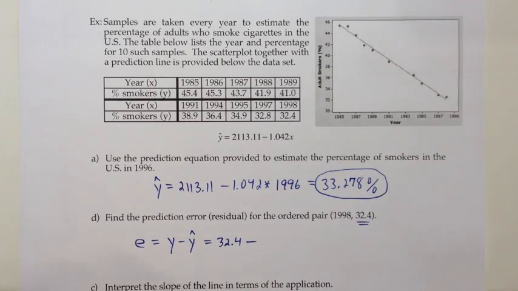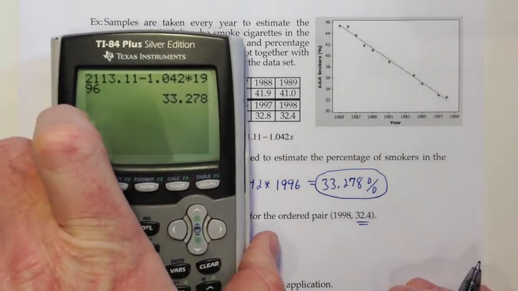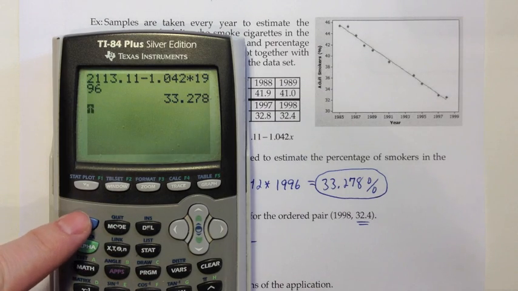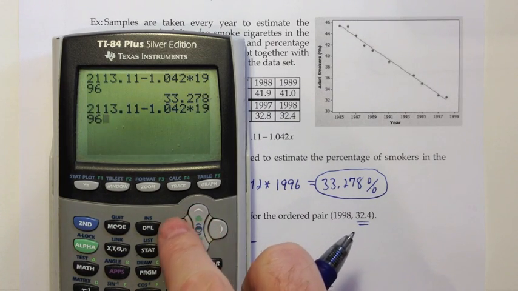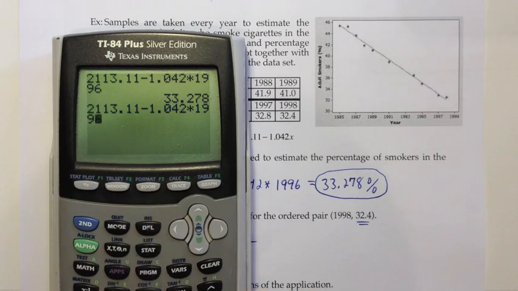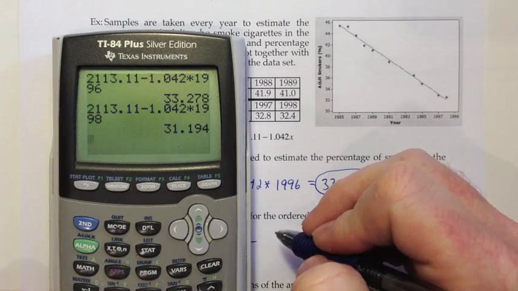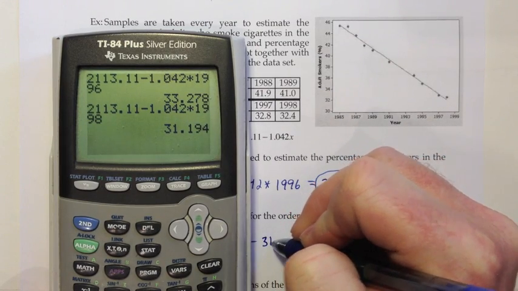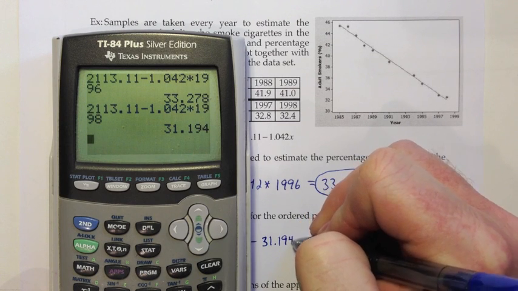And since that is just a change on that calculation, I would bring in the calculator there. I would just hit the second and the enter button to bring that calculation up, and I would just change that 1996 to 1998. Press enter, we get that new prediction, which I'll write down, 31.194.